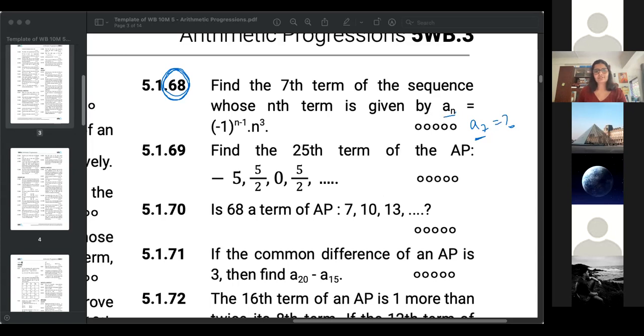So once you're done with question 68, we'll go to level 2. Mansi, yes, absolutely. That's it. Substitute. So an is given, A7 find out करना है. So substitute 7 in place of n. I'll get your answer. There you go, Mansi got it.